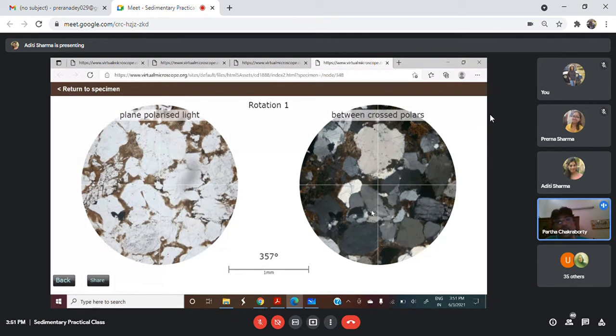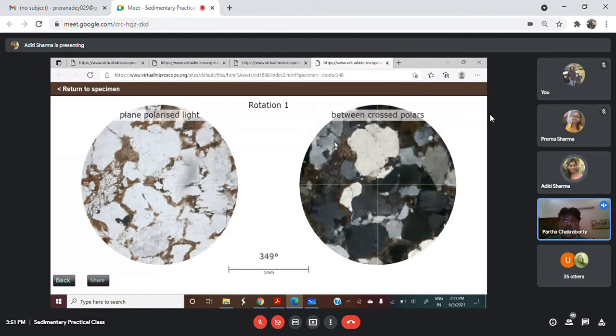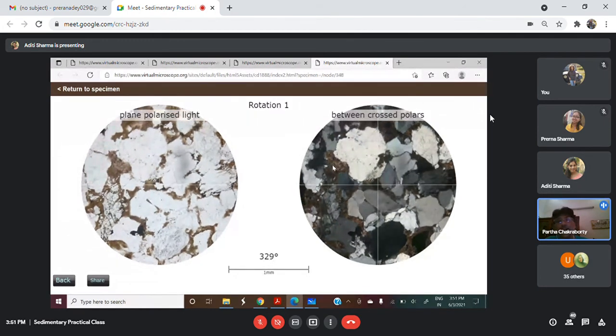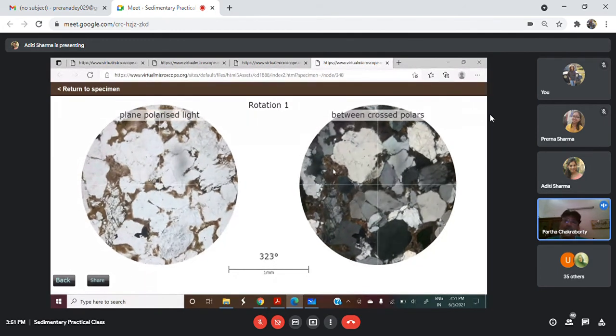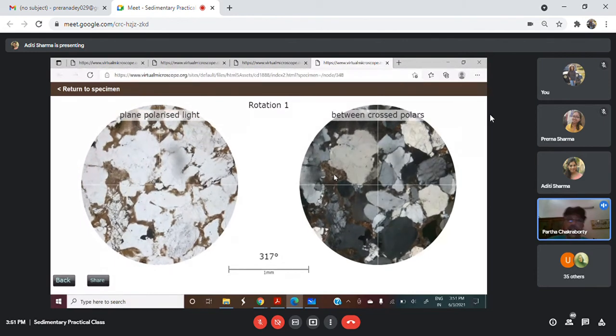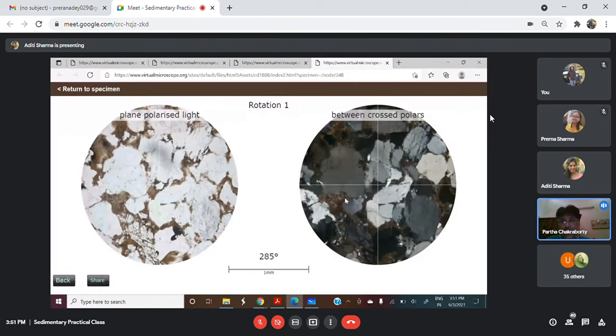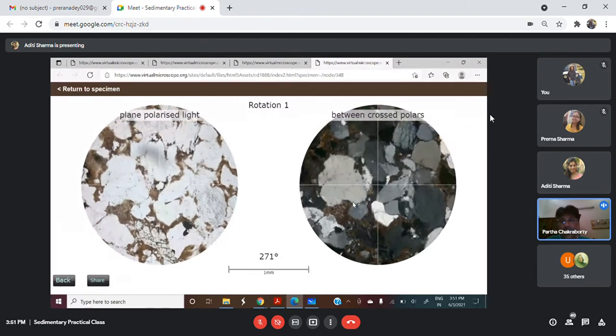There is iron cement in between the grains. If we rotate it, you can see the different grains going to extinction, and their colors are mostly first order gray, which is a typical color of quartz.